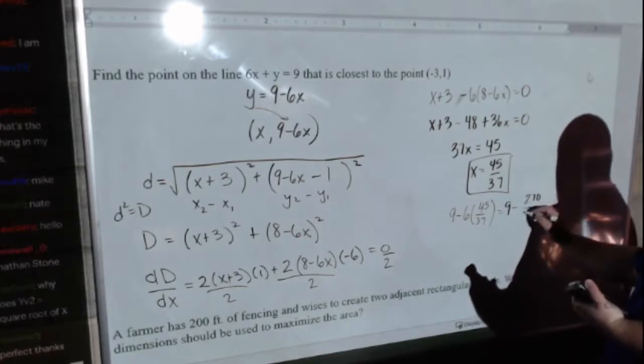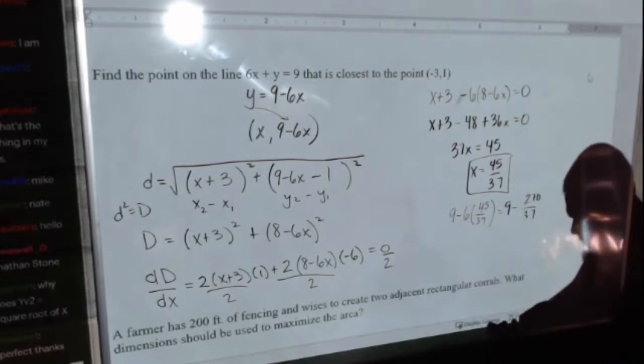That's 270 over 37, and then 9 minus that.